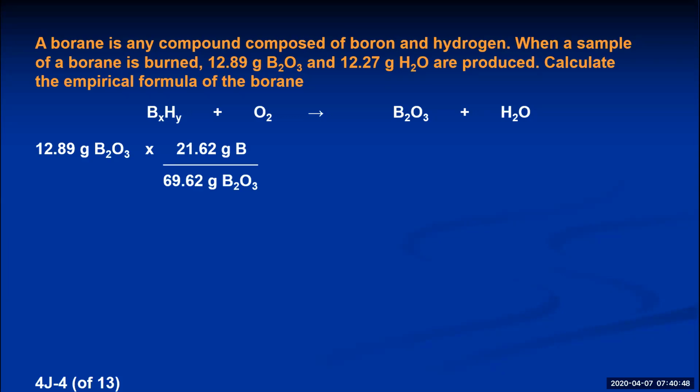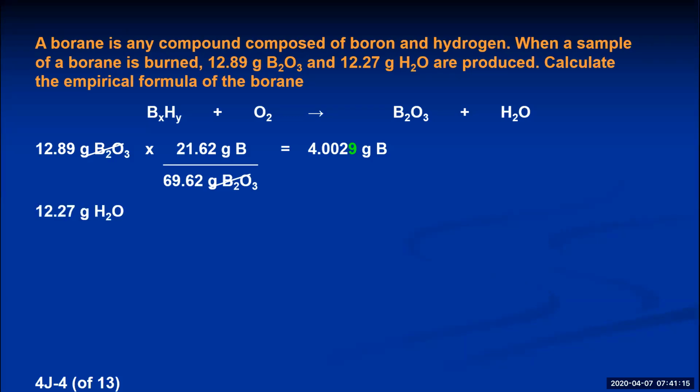So out of the 69.62 grams per mole of B2O3, 21.62 grams of it are boron, because again, there were 2 moles of boron in the formula, so it'd be 2 multiplied by boron's molar mass of 10.81. This comes out to be 4.0029 grams of boron in the B2O3, and that is therefore how much boron is in our unknown borane.